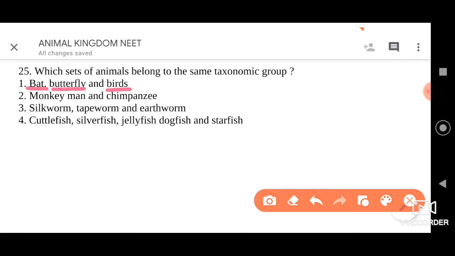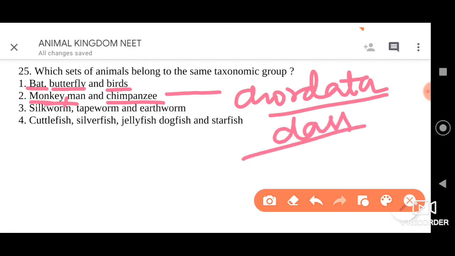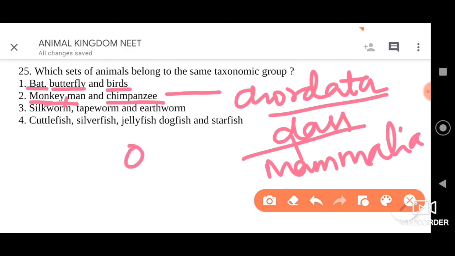Secondly, let us understand monkey, man and chimpanzee. Actually these are 3 options. First is monkey, then man, and then chimpanzee. All these belong to phylum Chordata, and they belong to the class Mammalia, and they also belong to the order primates.